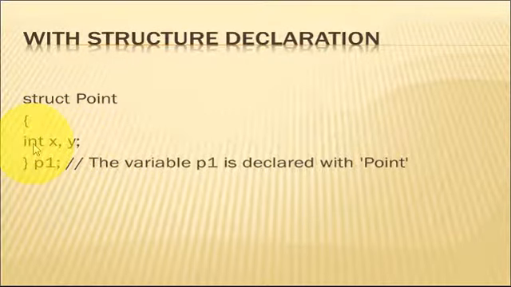This is not the only case; we can use different data items also, even structures, which will be discussed in future. At last, after closing the curly braces, we are using P1. It is the structure variable which we can declare here itself. After this structure variable, we have to use the semicolon.